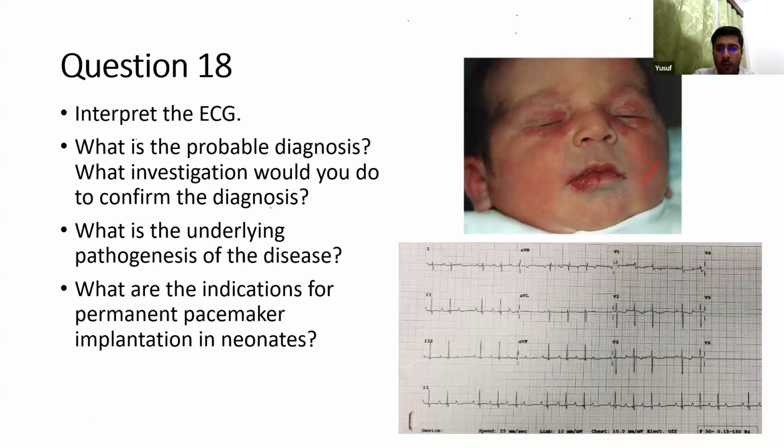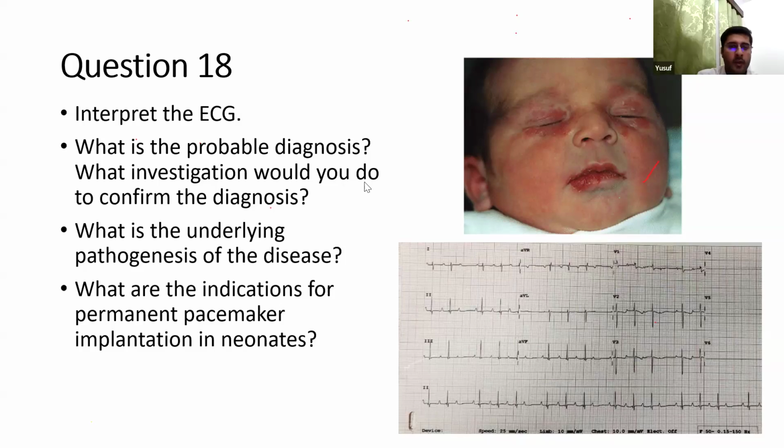So in this case, the PR interval appears to be constant. Okay, so type 1, what is type 1? What is Wenckebach phenomenon? Yes, yes. Okay.